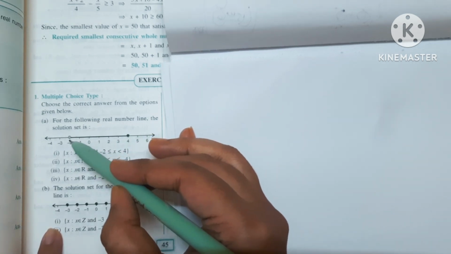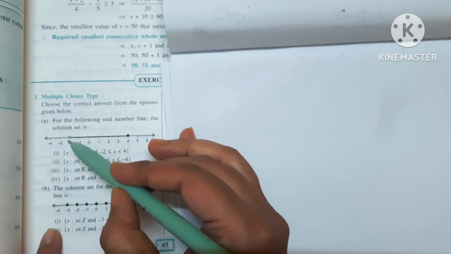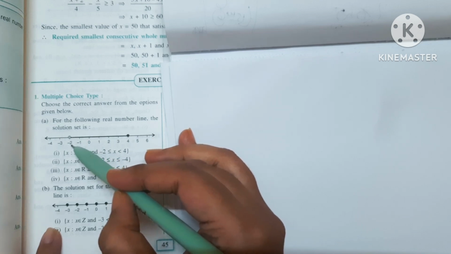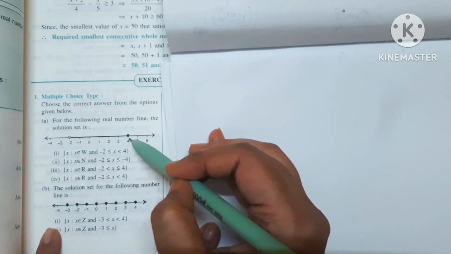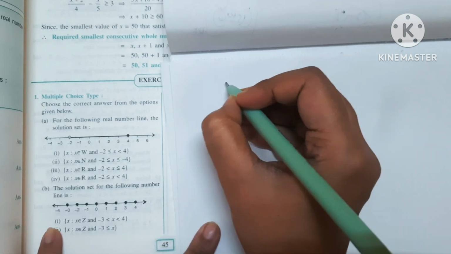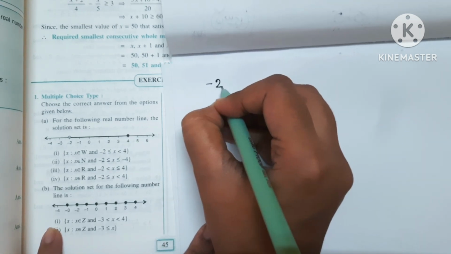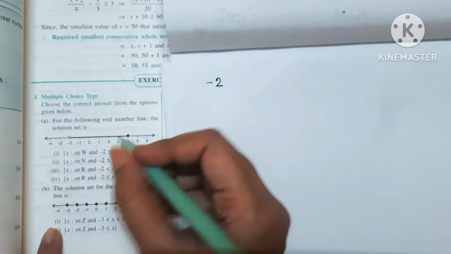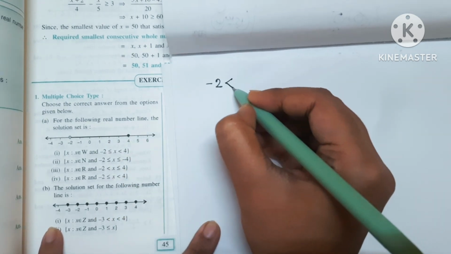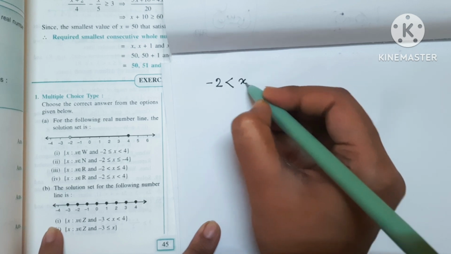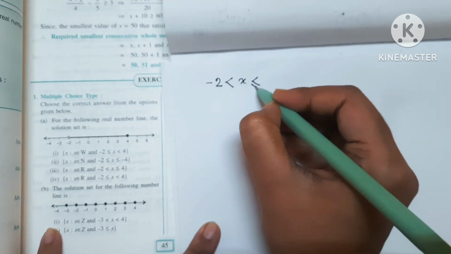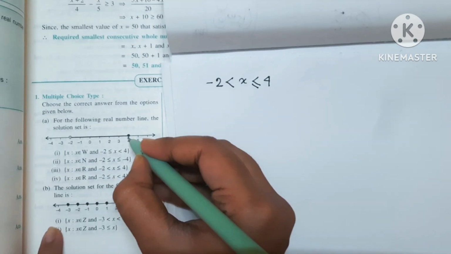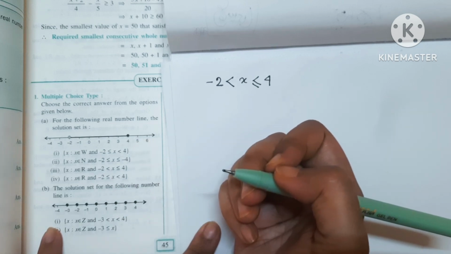See, one is a hollow circle at the point x equal to -2. And here at x equal to 4 it is a darkened circle, so obviously -2 is not in this range, so there will be strictly -2 less than x less than or equal to 4, because there is a darkened circle at x equal to 4.